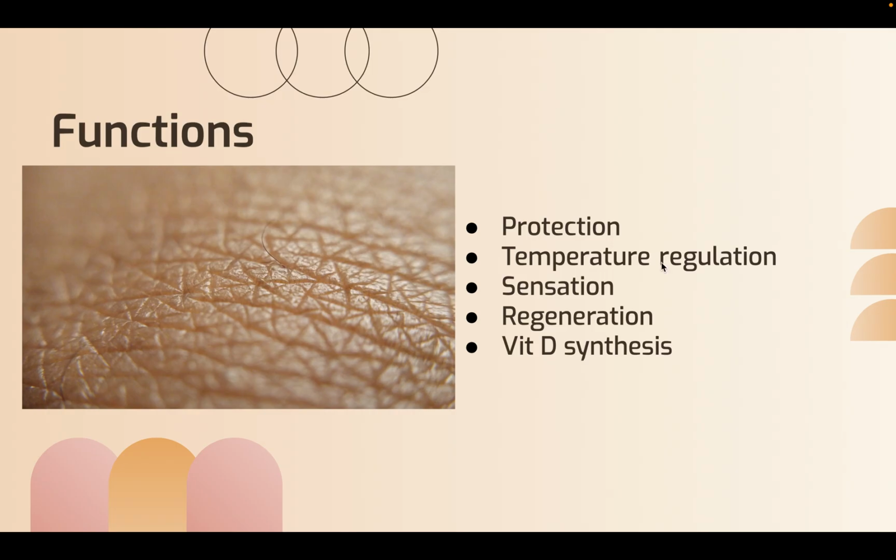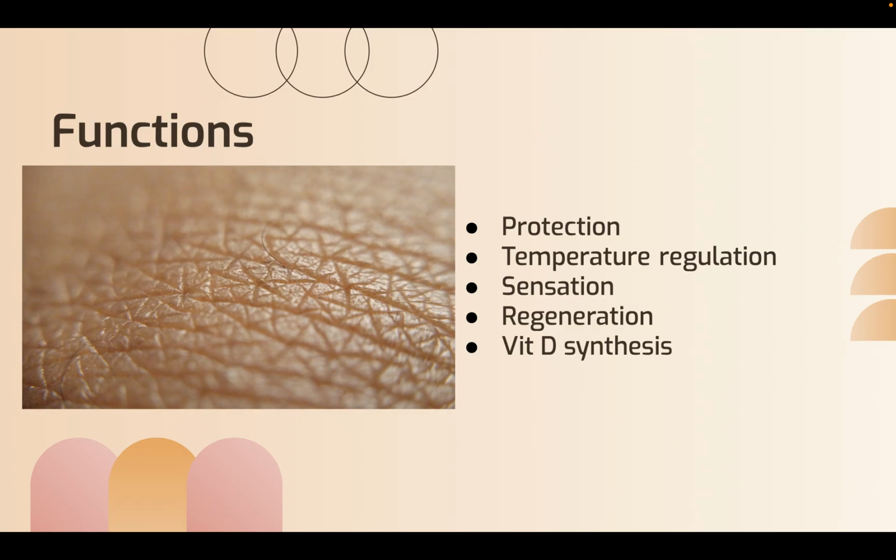But you have sensation: pain, pressure, temperature. The papillary layer of our dermis houses those sensory nerve endings. And you have your accessory structures, your sweat glands, your deep tissue receptors in the reticular layer. We have temperature regulation, insulation, radiation, excretion.